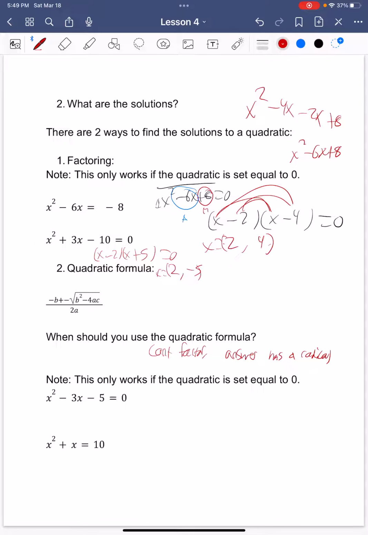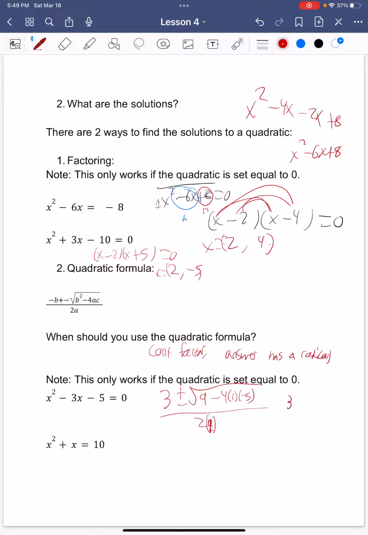So this also only works when the quadratic is set equal to 0. So let's do it. Negative b is negative 3 plus or minus the square root of b squared minus 4ac over 2a, or 2 times 1.